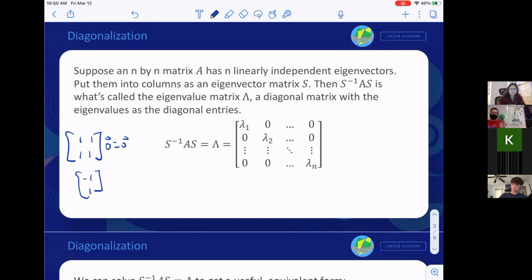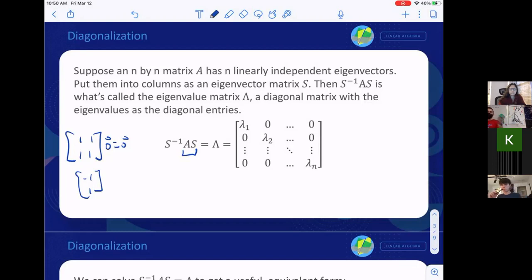Then what we'll see is that S inverse AS is going to give me this thing called lambda. That's a capital lambda. That is a diagonal matrix with the eigenvalues on the diagonal. So think, when we do A times S, since S is the eigenvectors, what we're going to get for each column is A times an eigenvector, which will give me a multiple of that eigenvector.